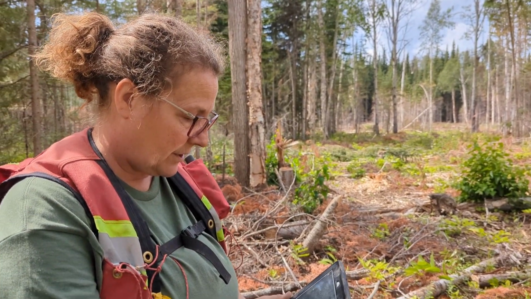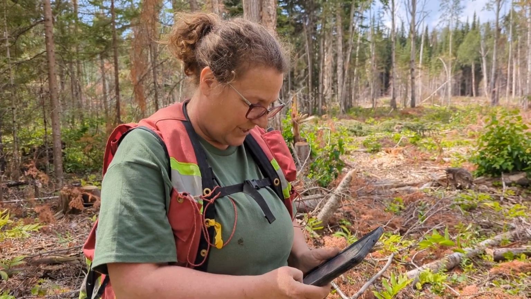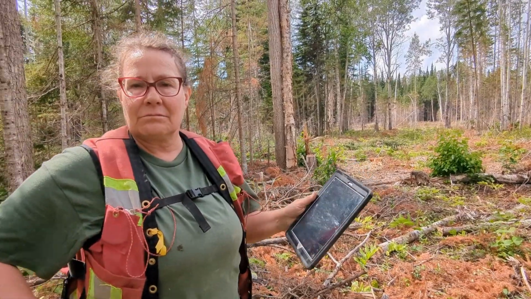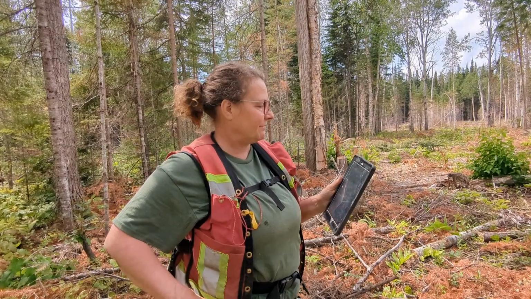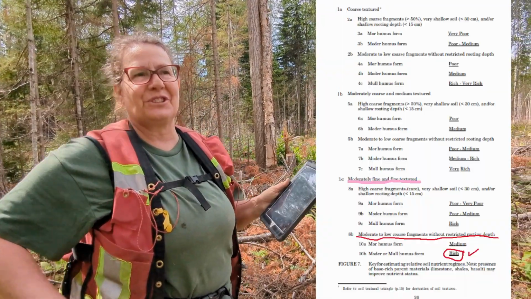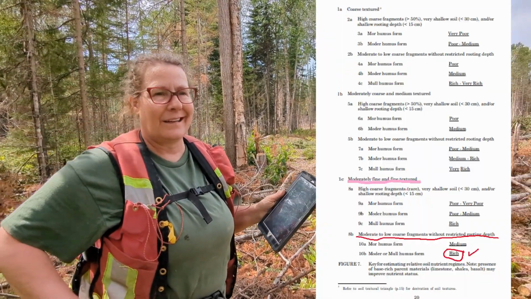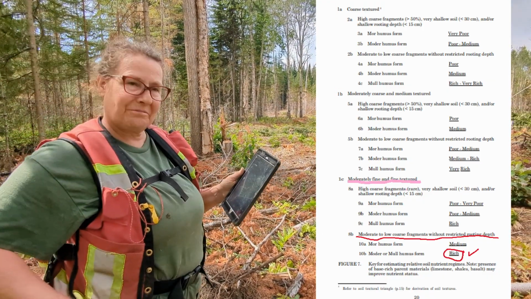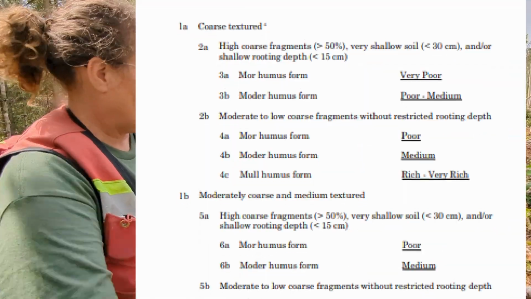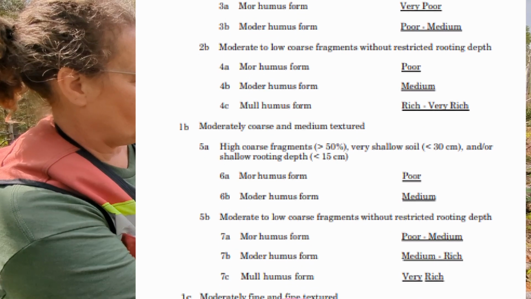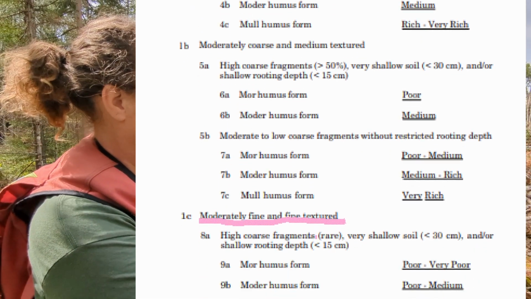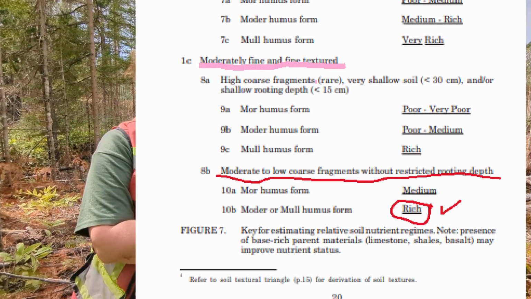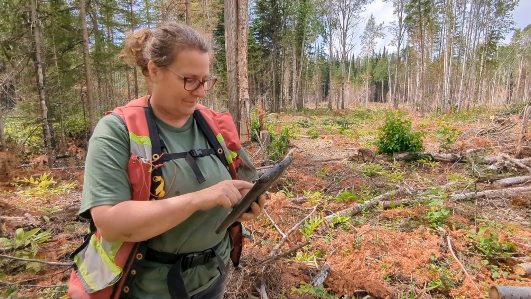So now I just have to find the nutrient regime. Here we have the relative soil nutrient regime if you're running with the 1993 version of Land Management Handbook 24. It has one for coarse textured, moderately coarse to medium textured, and moderately fine to fine textured.